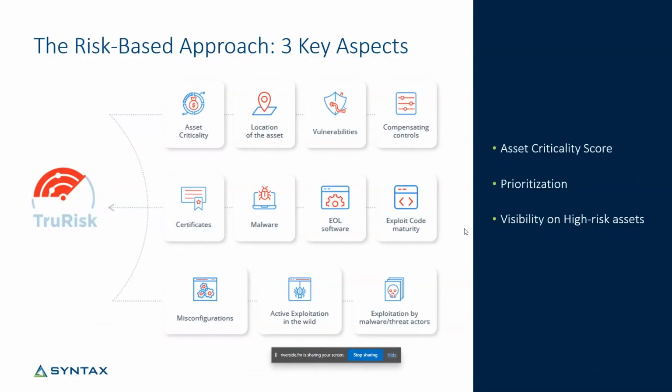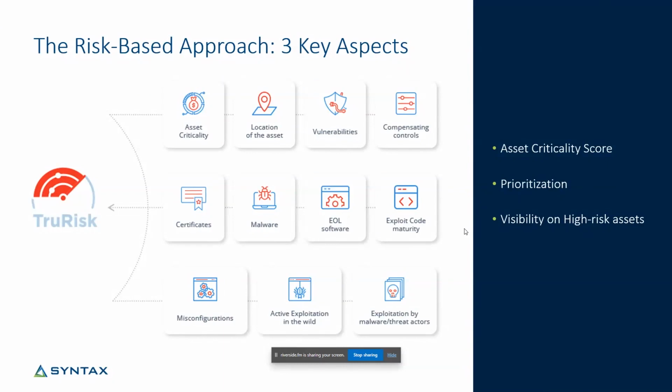So that's very important. Second thing is you will have the ability to prioritize the vulnerabilities using more than just the regular CVSS scores or severities. You can prioritize, for example, based on trending exploitation or malware association.